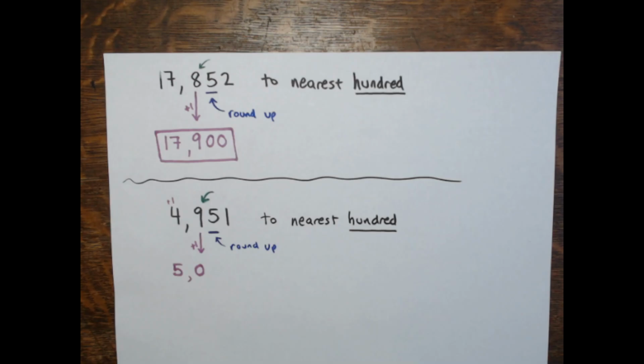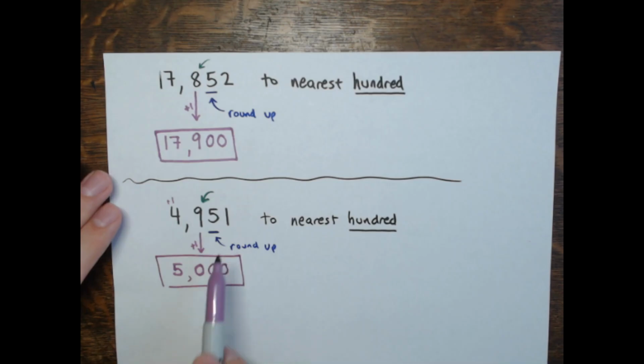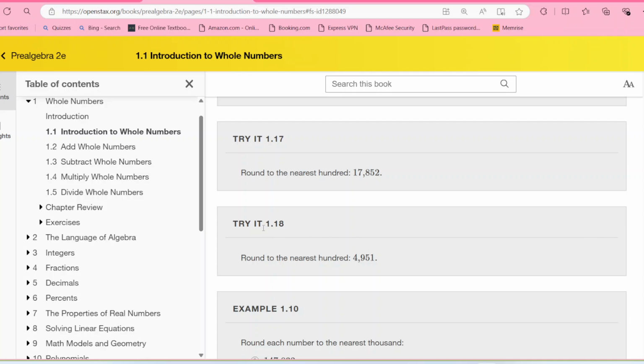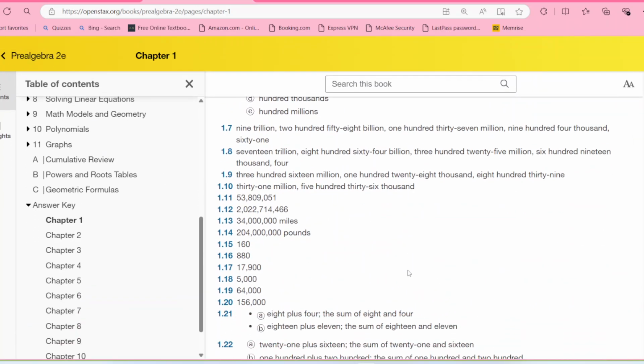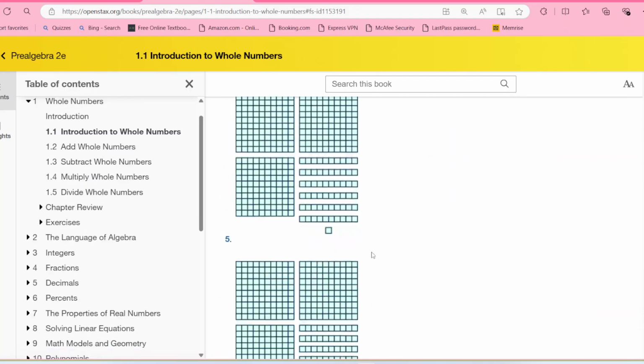And then the digits to the right of this place where I'm rounding are zeros. 0 in the tens, 0 in the ones. And there we have it, 4,951 rounds to the nearest 100 as 5,000. And once more, I'm going to verify try it 1.18, and you see it is 5,000. Great. Back to the reading.